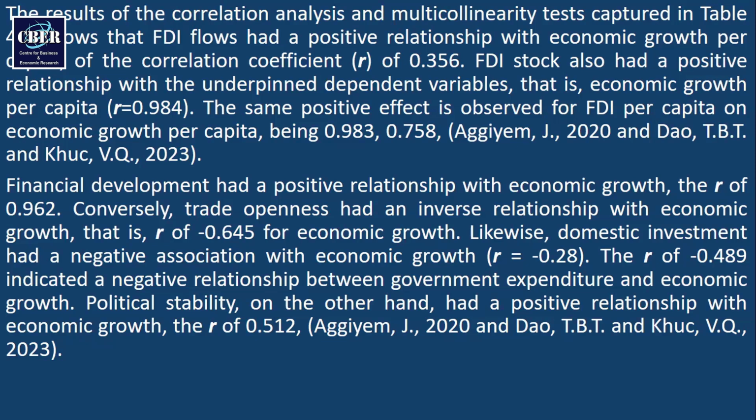The R of negative 0.489 indicated a negative relationship between government expenditure and economic growth. Political stability, on the other hand, had a positive relationship with economic growth, with an R of 0.512. So Agenim, Dow, TBT, and Cow all confirm these findings.